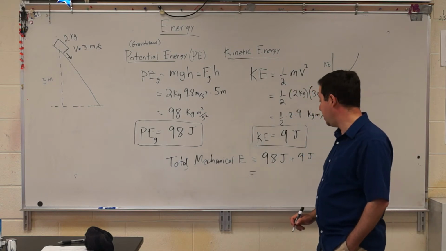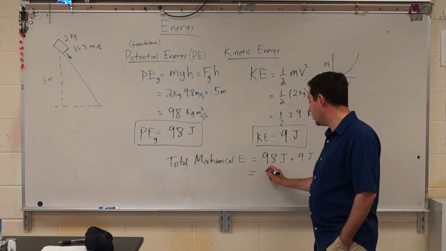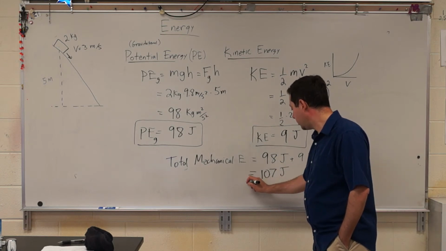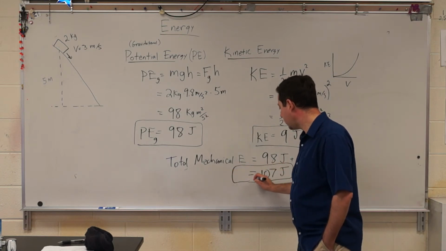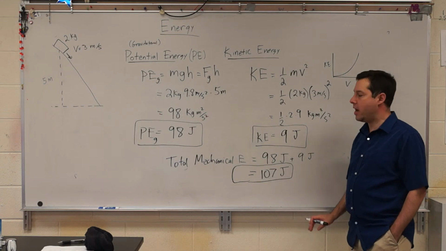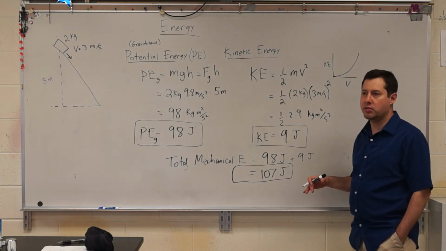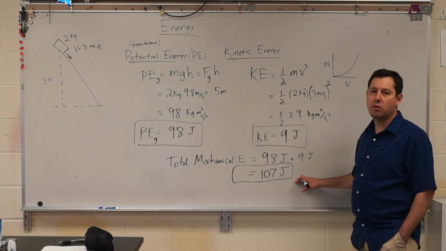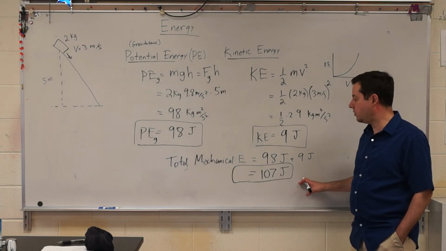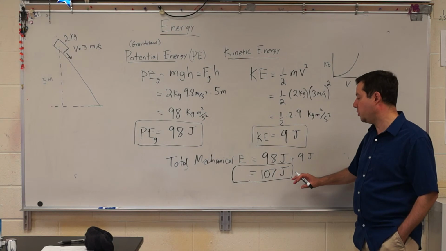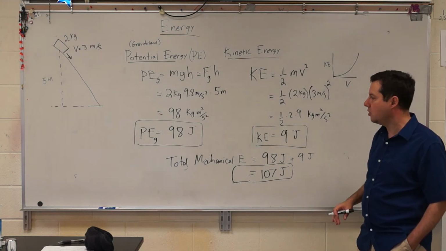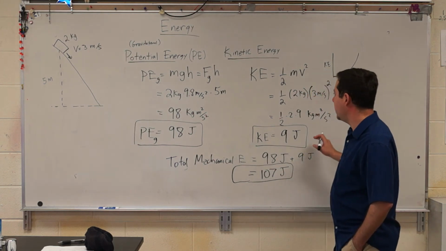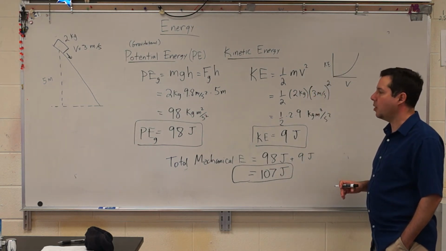So the total energy is going to be equal to 98 plus 9, which should be 107 joules. And what we'll find out is that if this is a frictionless slope and you ignore air resistance, this total mechanical energy should be conserved. So even as it gets lower on the slope, it should still have 107 joules. But what's going to change is that the potential energy goes down and the kinetic energy goes up.